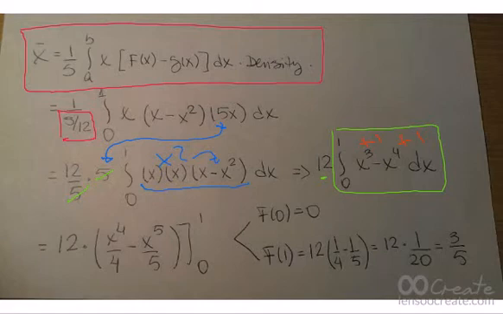So when I did my f of 0, I ended up having 0. When I did the f of 1, I had 12, and I just replaced the x for 1. So again, 1 to the 4 is going to be 1 divided by 4 minus 1 divided by 5. And then the denominators, I multiply them, so that was 20.